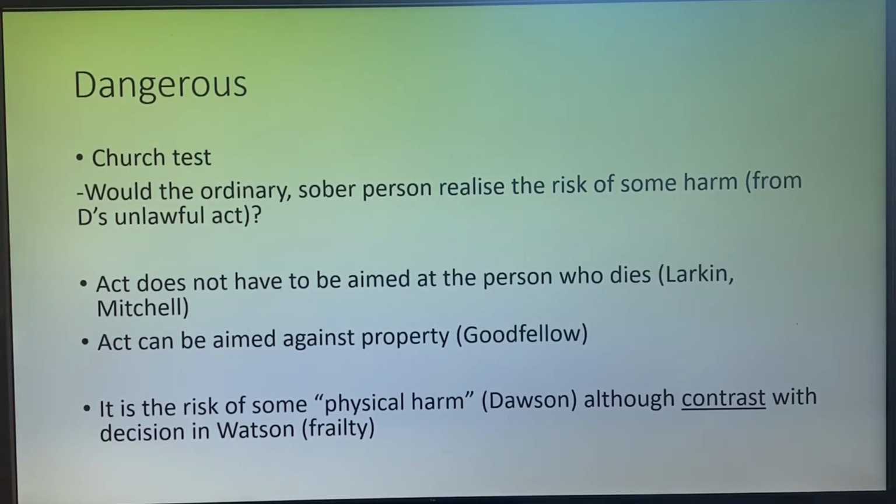He tried to resuscitate her for about 30 minutes. He thought she was dead, so he tried to dispose of the body by chucking it in a river, where she actually then drowned. She actually wasn't dead. So kind of bad luck, really, for him, but equally tough luck in the fact that he has killed her. And the test for whether it's dangerous is: would the ordinary and sober person realise the risk of some harm from the defendant's unlawful act?